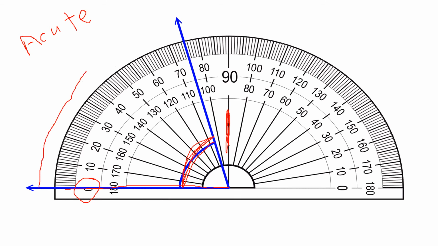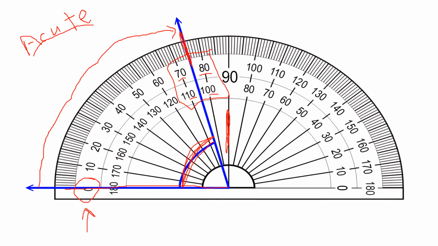I follow my protractor over. Okay, I can see that it's crossing right here. Once again, this one is not crossing on a multiple of 10. This one is crossing exactly halfway between my multiples of 10. Okay, so I have 70 and 80, I have 110 and 100. We already said this is an acute angle and that we were using the outside numbers.